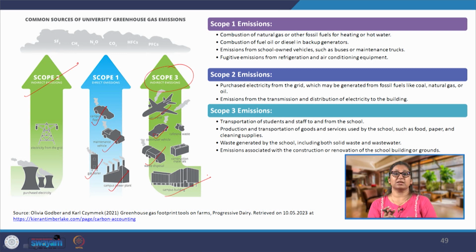Now, the emissions that are coming from them are direct emissions, but the campus buildings, other than those direct emissions, have been put in scope 3 indirect emissions. Why? Because the buildings themselves are not resulting in emissions directly. All the direct emissions we would have already included in scope 1. The electricity that is going to be used in these campus buildings is going in scope 2.